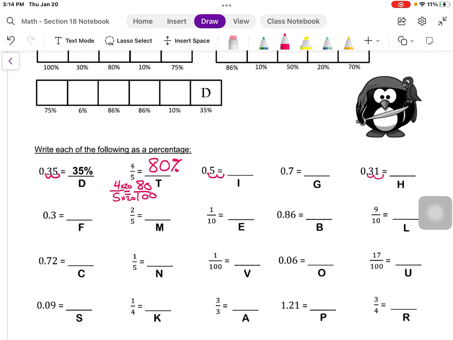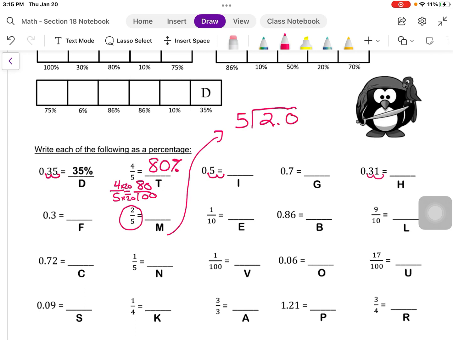Another way I could do that, if I'm not quite sure how to get it to 100, let's take 2/5 here. I can take my numerator 2 and divide it by 5, by the denominator.